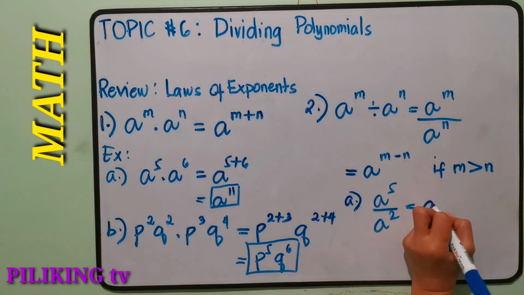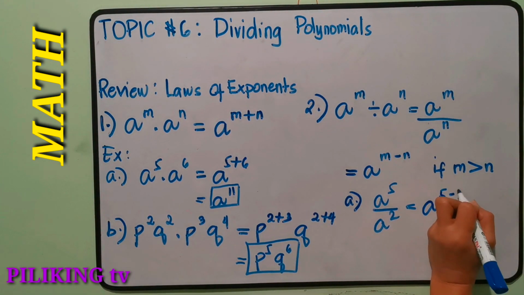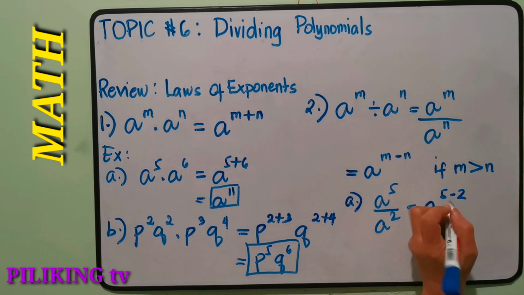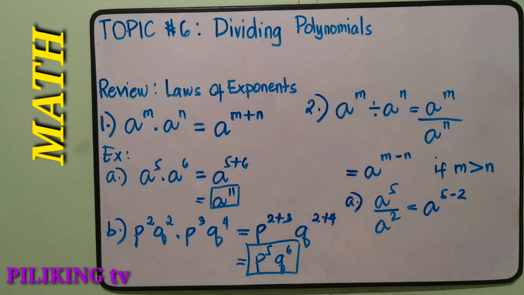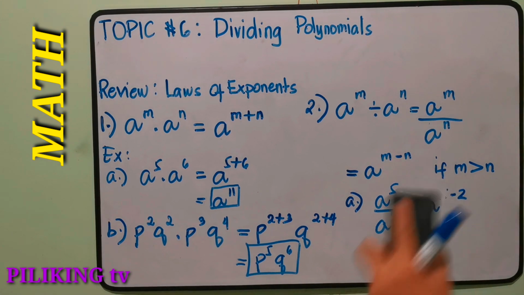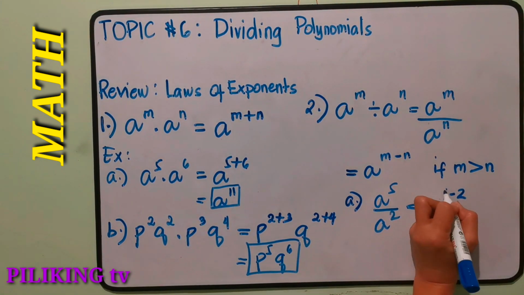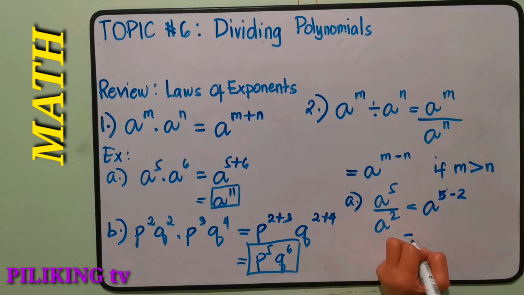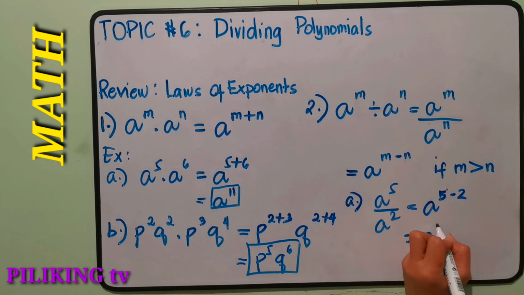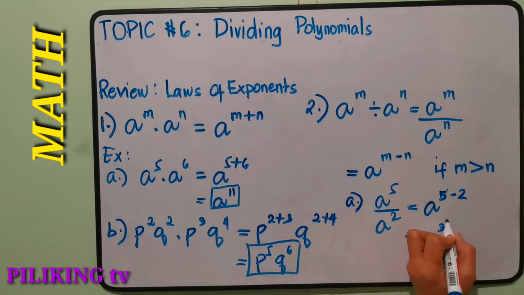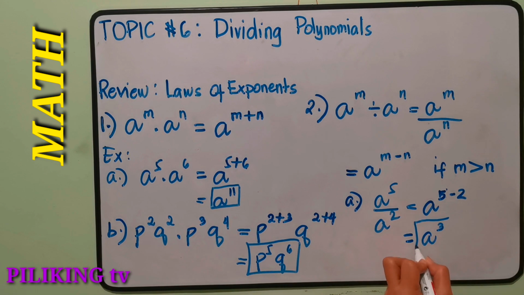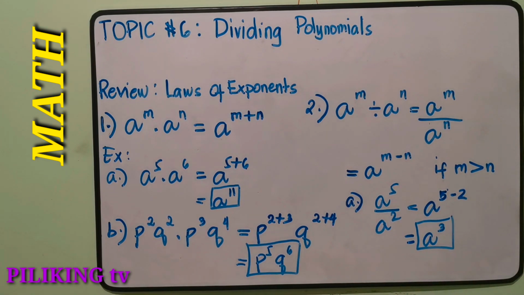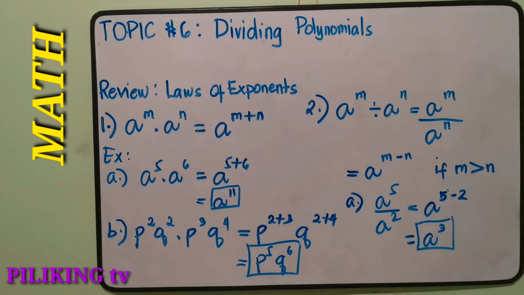So that is equal to a raised to 5 minus 2. 5 minus 2 is equal to 3. Therefore, a raised to 3 is the answer, or a cube. Okay, let's have another example on law of exponent for quotient.